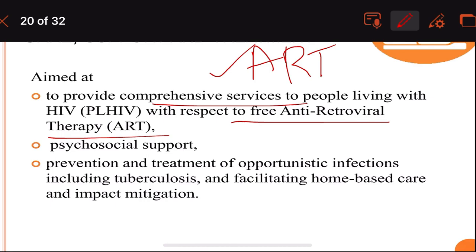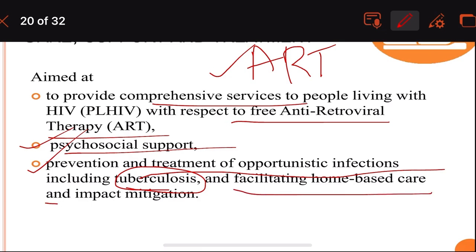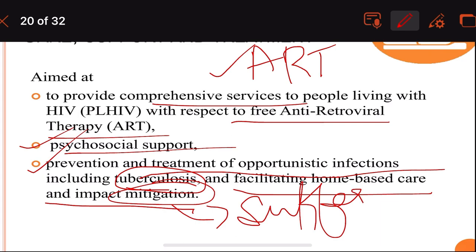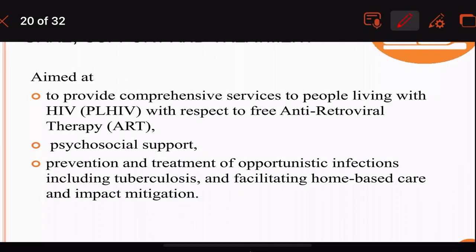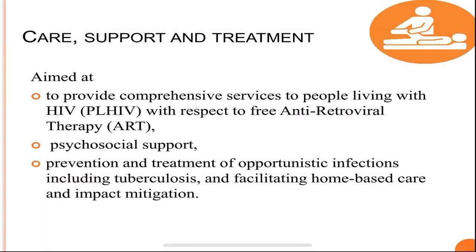The psychosocial support and prevention and treatment of opportunistic infections, which include the TB, facilitating the home based care and impact mitigation. So, impact mitigation is to remove the suffering. Whatever the suffering a person has because of HIV needs to be removed. So, these are the aims of care, support, and treatment.